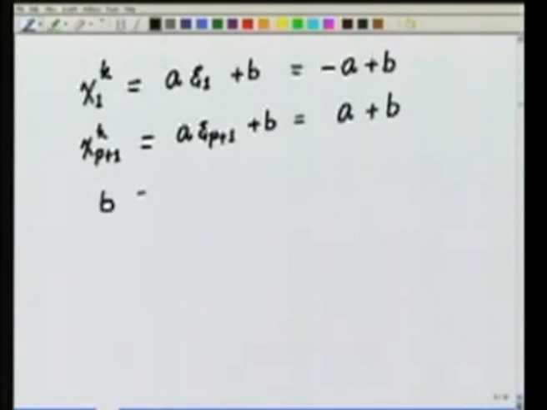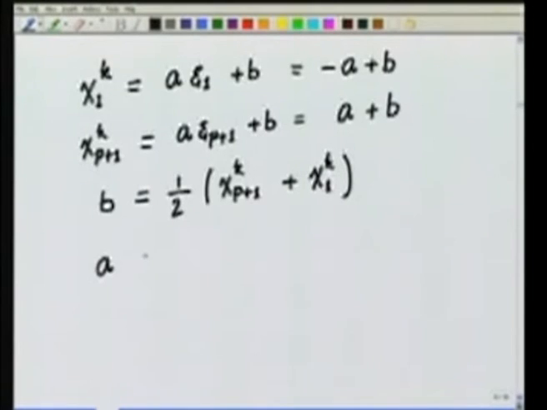So from here I would like to find out what is a and what is b. So b will come out by simply adding up these two things as half of xp plus 1k plus x1k, and a will come out to be, if I go back and put it in there, as half of xp plus 1k minus x1k.